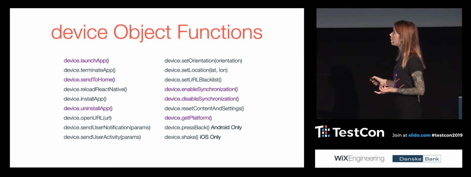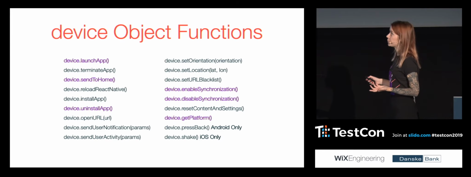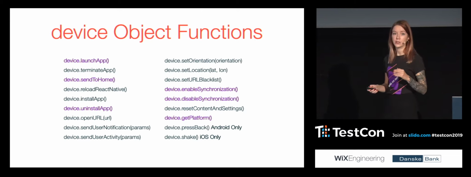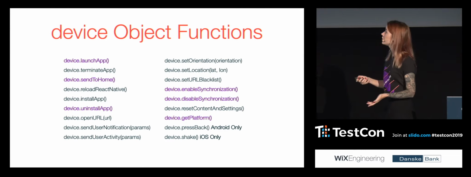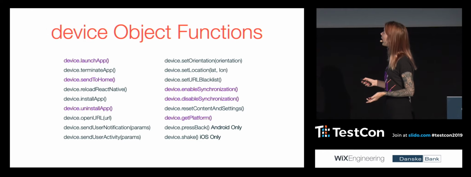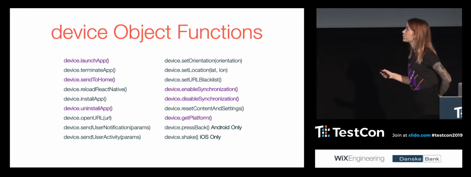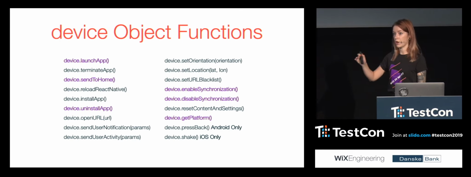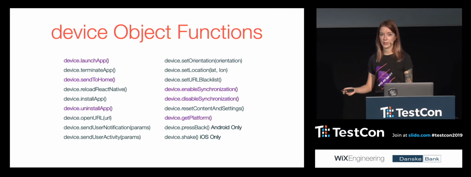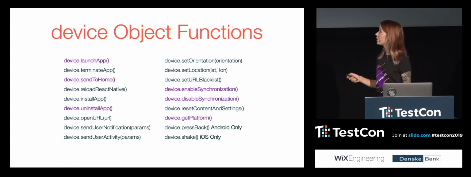So we have launchApp, which is pretty descriptive from its name, sendToHome, which would put the application to the background, from which you can then raise your application. You have installApp, you have enable and disable synchronization that allows you to turn synchronization mechanism on and off, and it's pretty important and useful, and I will be talking about it in a few slides.